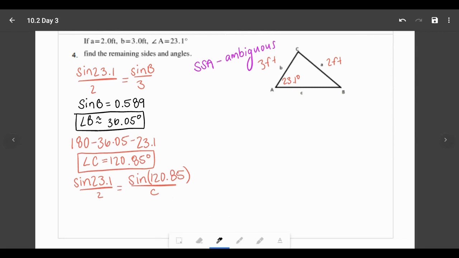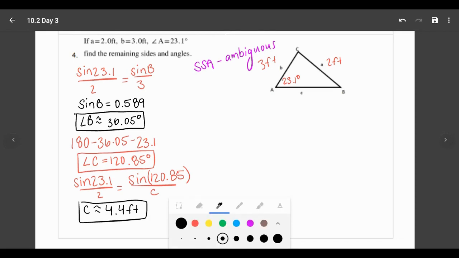Do some algebra, and we get that C should be approximately 4.4 feet. And for this, we have our first triangle.